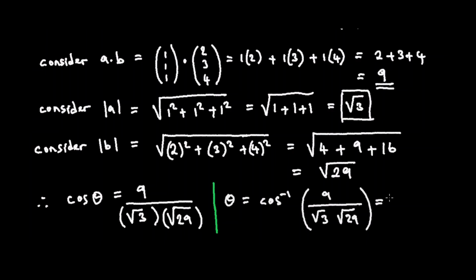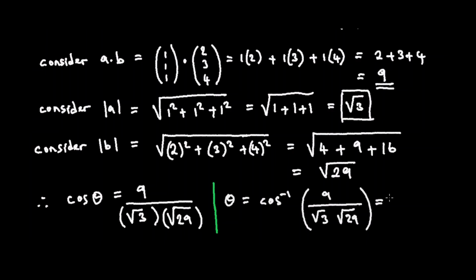We seldom use degrees. Then on my calculator I press shift and then cos to produce arc cos, and then I type it as it is: 9 over the square root of 3 multiplying the square root of 29, like this.